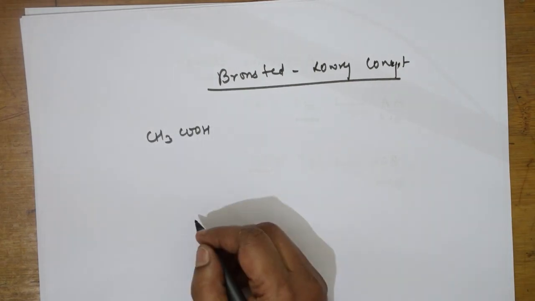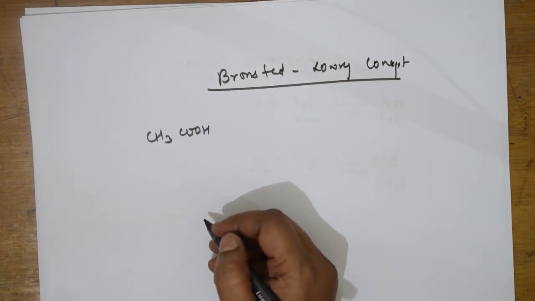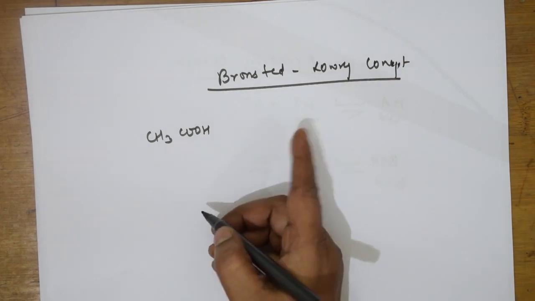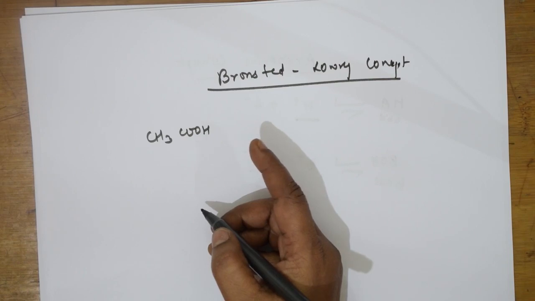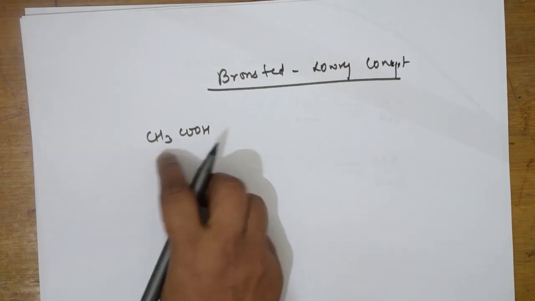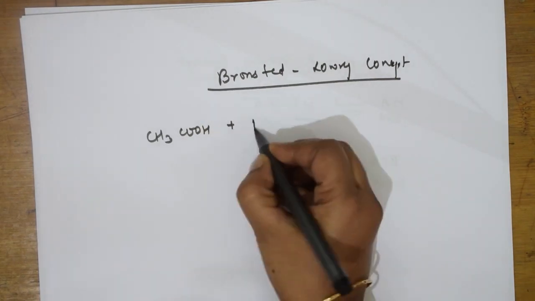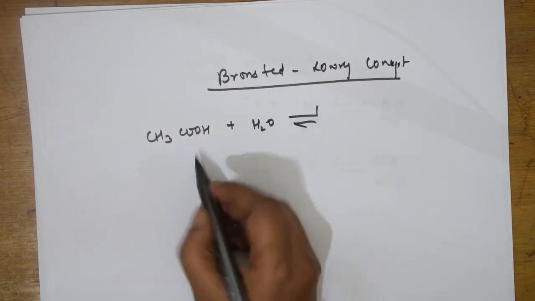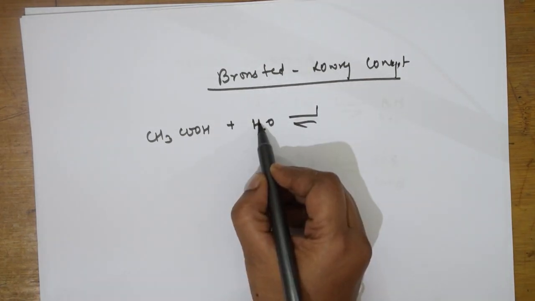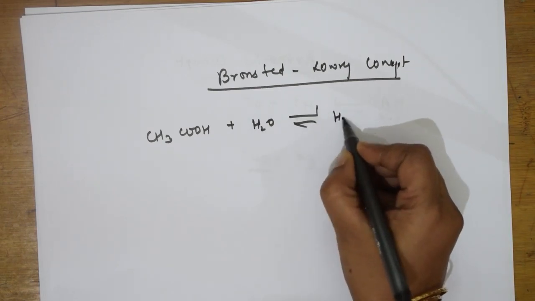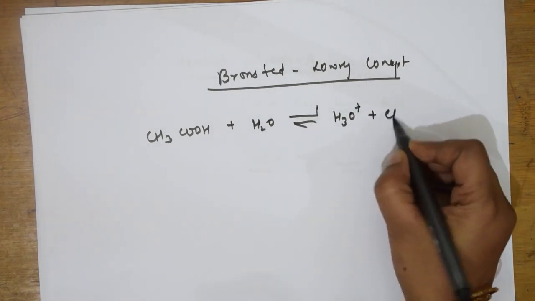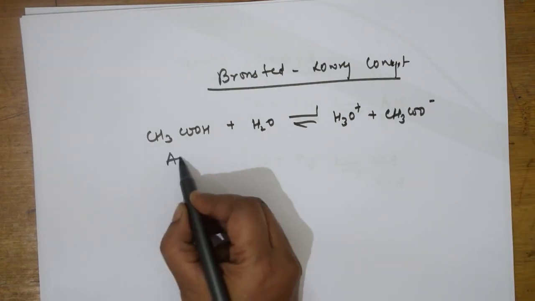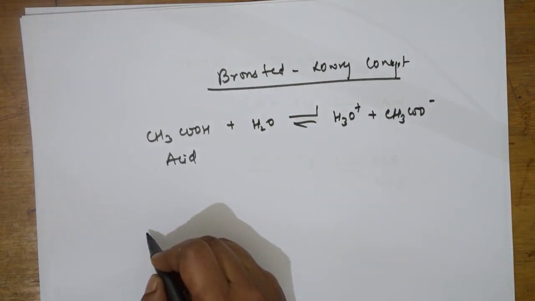Acid is a substance that can donate a proton and base is a substance that can accept a proton. Suppose I take an acid, CH3COOH, and dissolve it in water. It picks up one hydrogen and becomes H3O plus and CH3COO minus. Now we know this is an acid, correct?